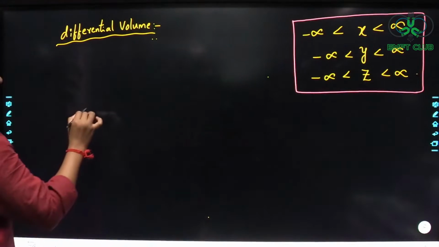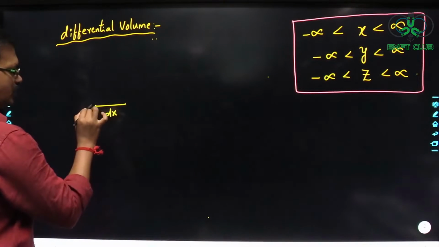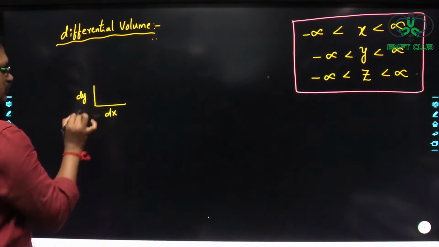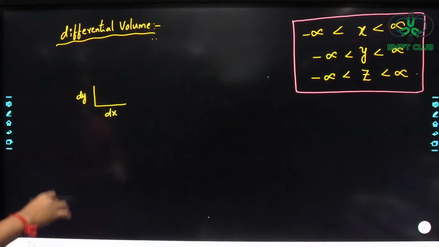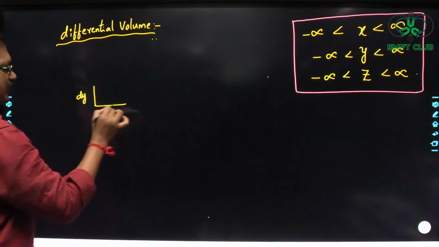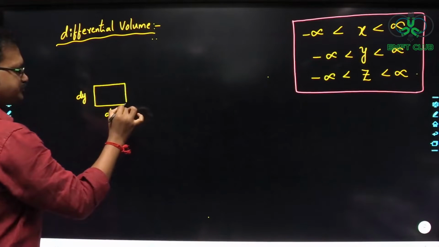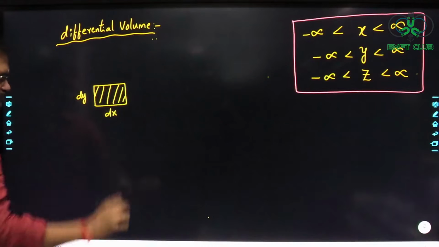I am considering a small differential length dx, and I am considering a small differential length dy. If I multiply these two, you are going to get this surface area. This is the small differential area you are going to get, right?